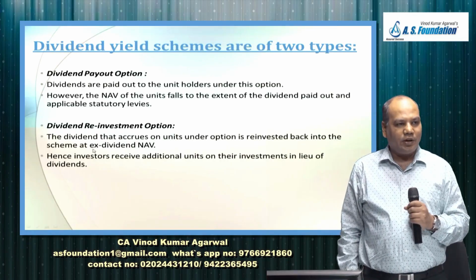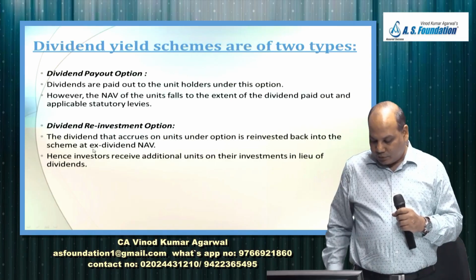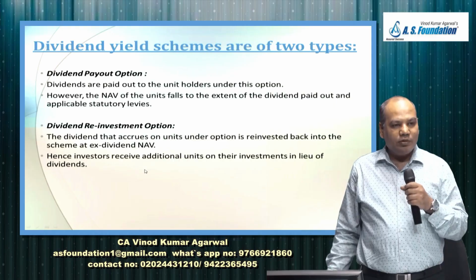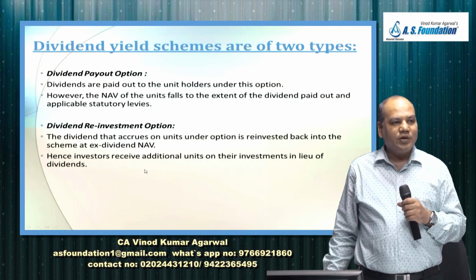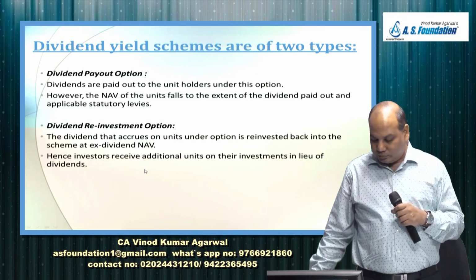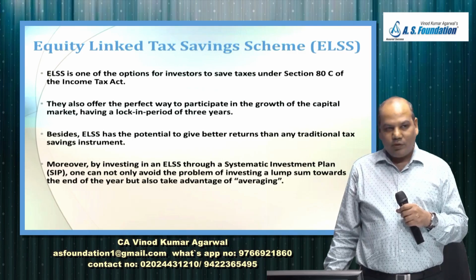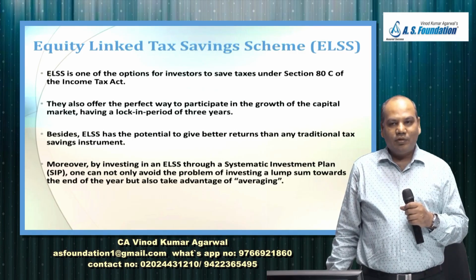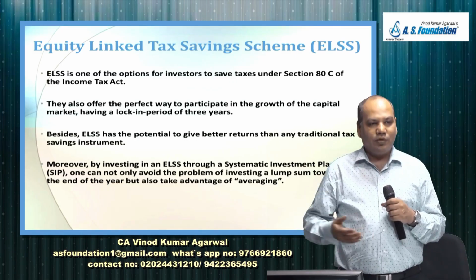At ex-dividend NAV. And the number of units held by the investor will increase. So when he redeems, he will get more money, because suppose he purchased 10,000 units, 2,000 units were reinvested, so he can now sell 12,000 units.